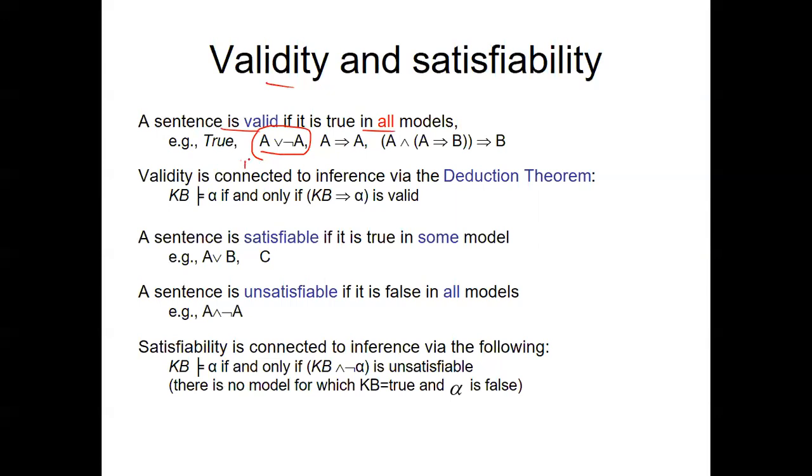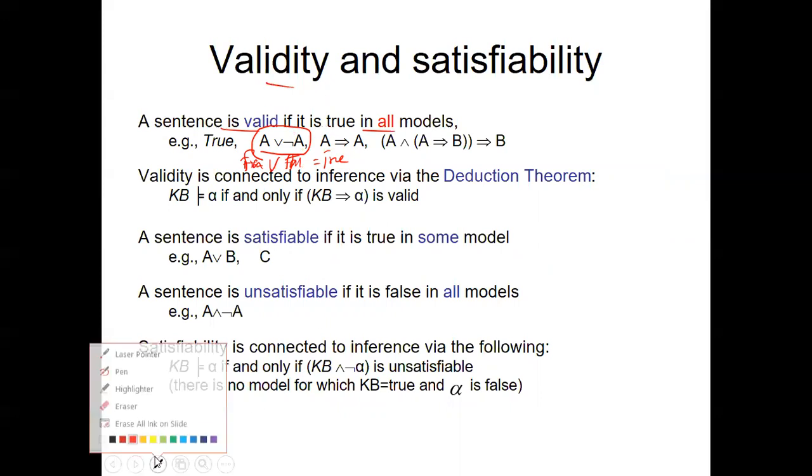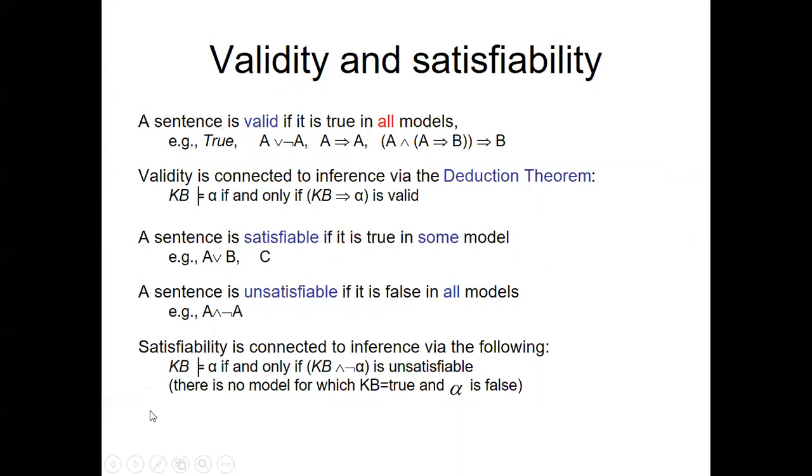If A is true, then not A will be false, but true or false is true. If A is false, then not A will be true, and false or true is also true. This is an example, but basically your understanding should be that if a sentence is true in all the models, then it is a valid sentence.